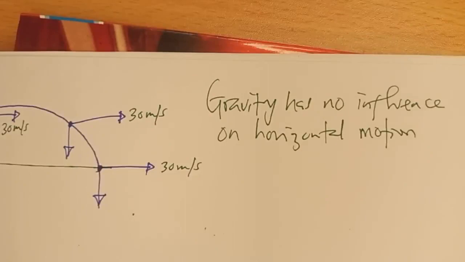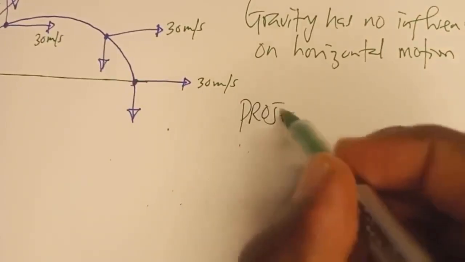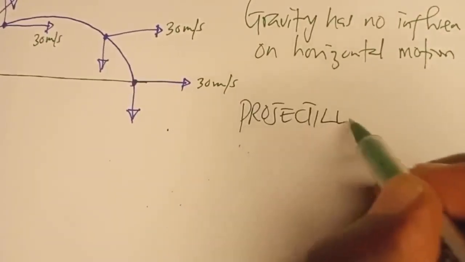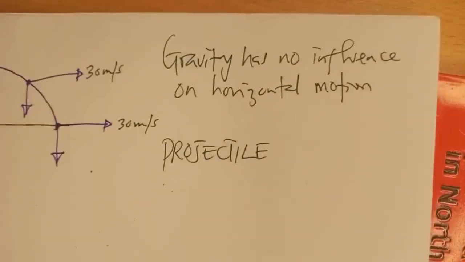Another thing we should remember is, what is the meaning of a projectile? If we say a projectile, what do we mean? Remember, the interpretation we gave is any object thrown into the sky and allowed to move under the influence of gravity, meaning it is gravity that affects the motion of the object.